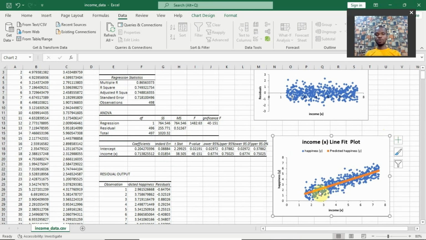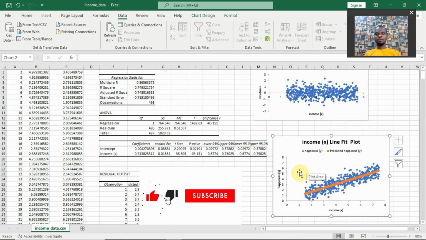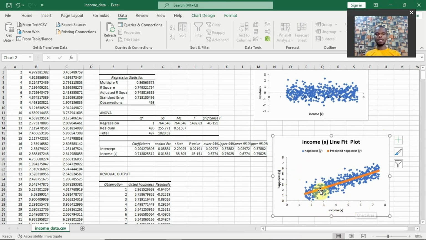Okay, so our line of fit plot is a plot of our independent variable against our dependent variable, and a line of fit is drawn that can be used to predict what the values of our dependent variable will be from our independent variable. So the line of fit is used to represent that relationship.